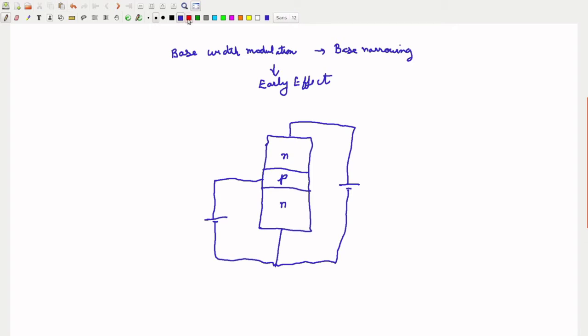And we know that since the collector base junction is reverse biased, there will be a depletion region forming at the junction between the collector and the base.